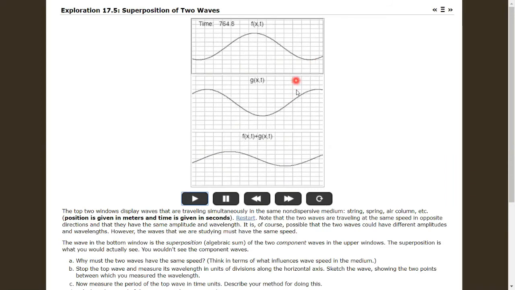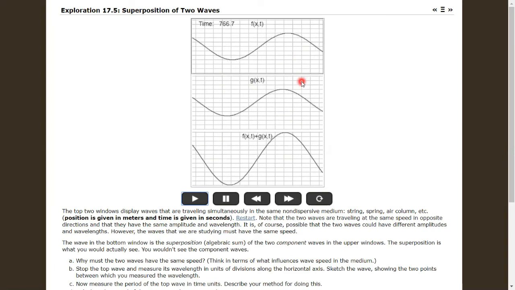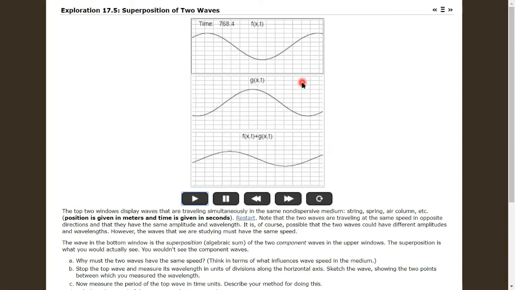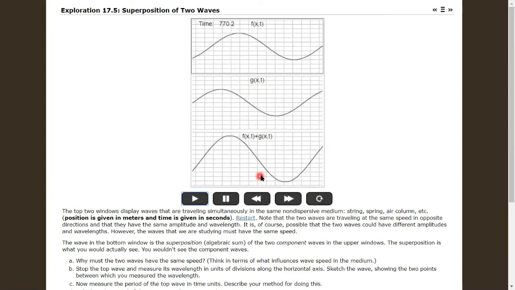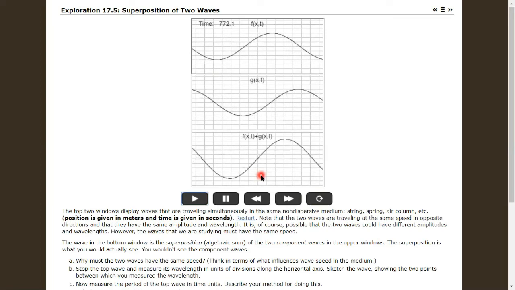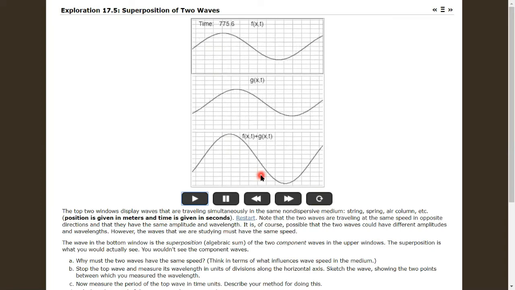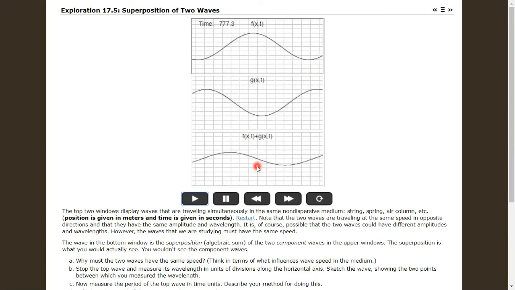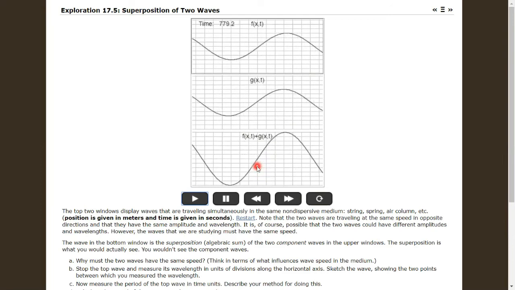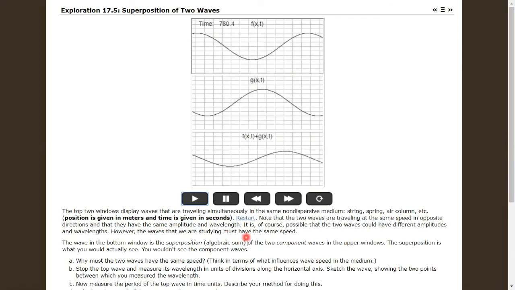Both travel along the same path but in opposite directions, and after superimposing on each other, they produce a stationary wave. In a stationary wave, all the particles vibrate with different amplitude, but their frequency is the same.